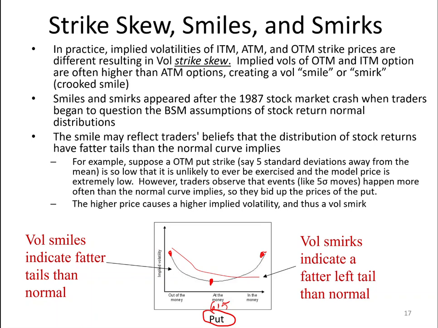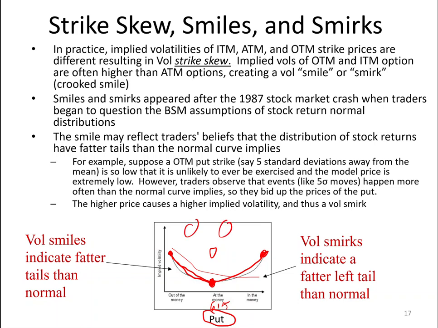In this case, you get an implied volatility higher for the out of the money and in the money put strikes than the at the money one. If I connect these with a graph, first of all, I'll call this the strike skew, or the implied volatility structure. If it's graphed like this, where the out of the money and in the money strikes are greater than the at the money strike, we call that a vol smile, because it kind of looks like a smile, right?